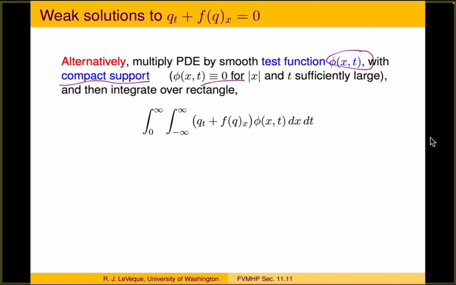And then take the differential form of the equation, qt plus fx equals 0, and multiply it by this smooth function, and then integrate in space and integrate in time over all space if we're doing the Cauchy problem, and over time 0 to infinity if we're doing an initial value problem starting at time 0.